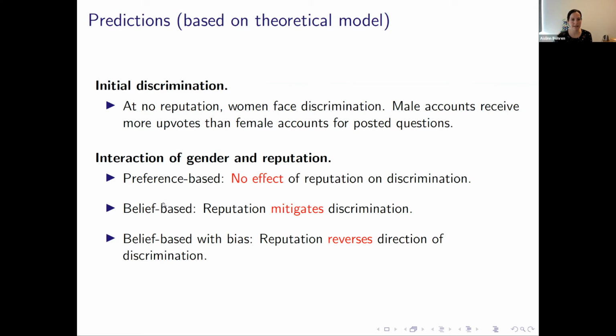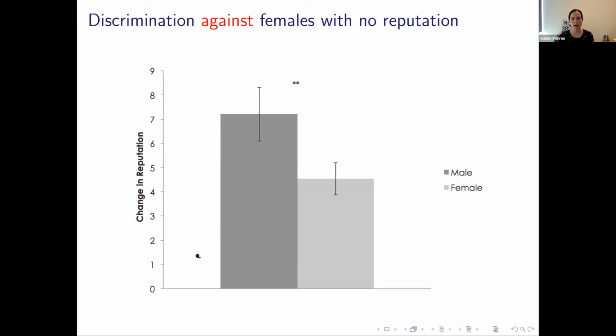If all evaluators have the same accurate beliefs, then we'll see reputation decrease discrimination if it's due to accurate statistical discrimination, but it would never reverse. So reversals are not possible with accurate beliefs. Whereas our possibility result shows one plausible way in which, when there is a subset of evaluators with inaccurate beliefs and another subset of evaluators who are aware of that bias, we could potentially see this discrimination reversal.